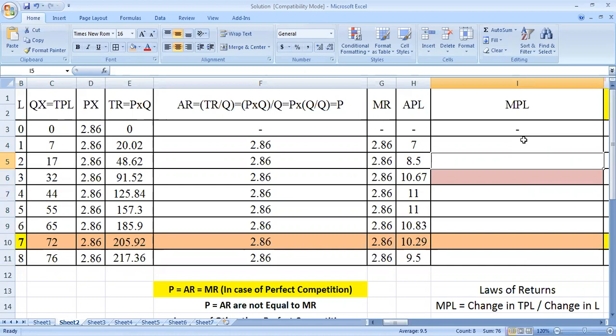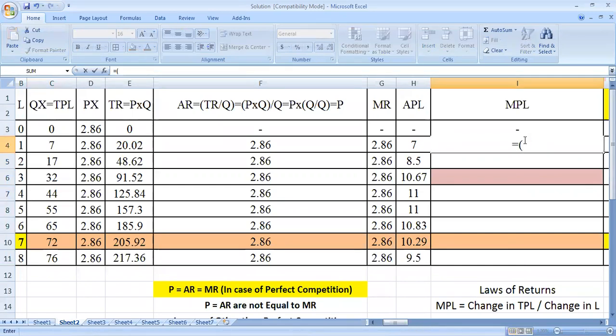MPL is the change in total output divided by the change in units of labor.